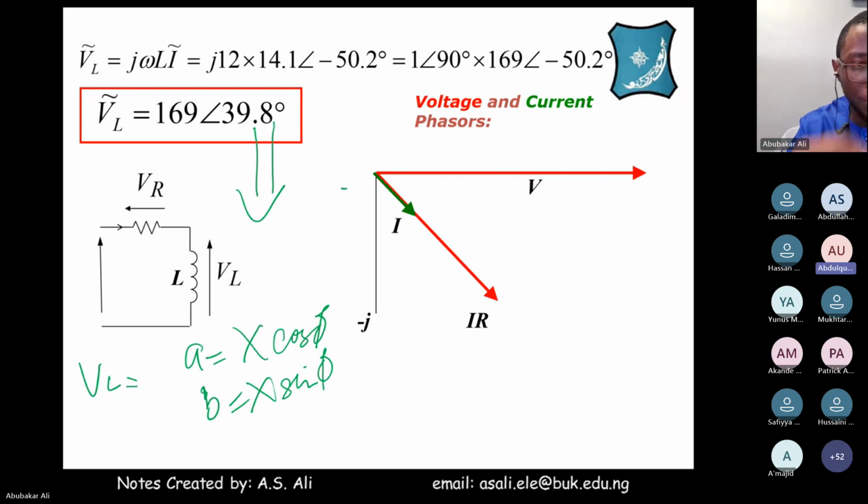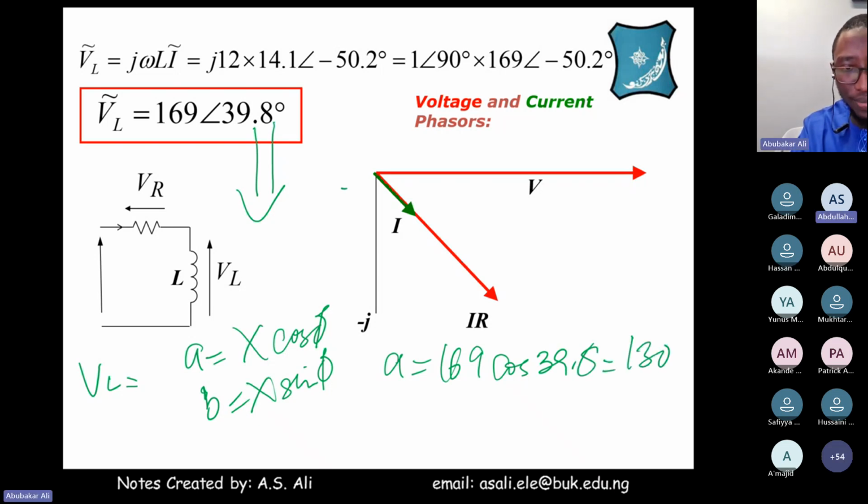So if X is 169, what is A? It's 130. And what's B? 108.1. So if you want to draw this, you will have something like this.